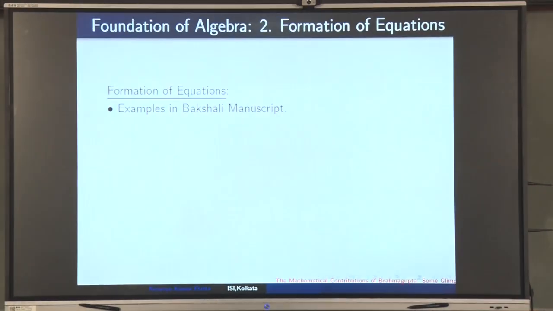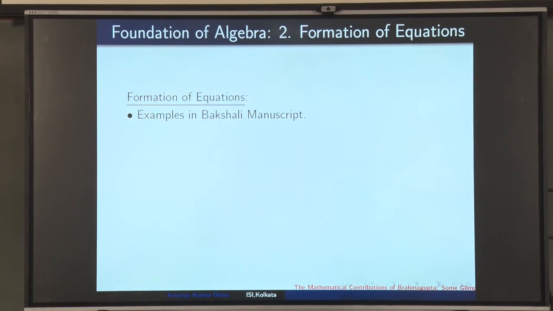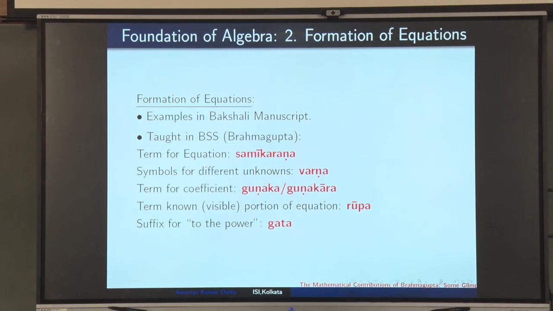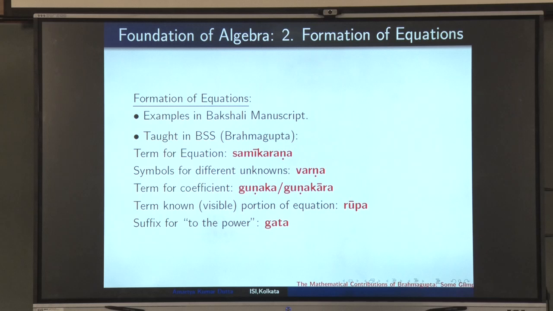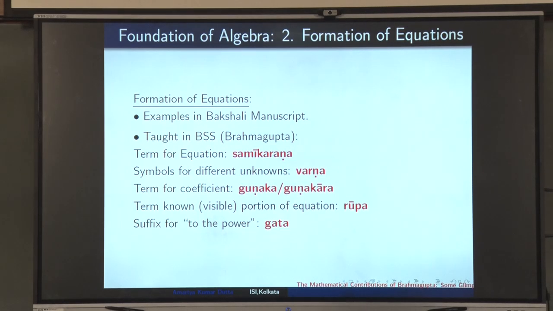So next was the formation of equations. There are already examples in the Bakshali manuscript, but it is Brahmagupta who teaches that there is a term for equation, and that is still there in Indian languages. Samikaran is the term for equation. Karan is doing, sami is equal, so equalizing. That is what equation is supposed to mean.